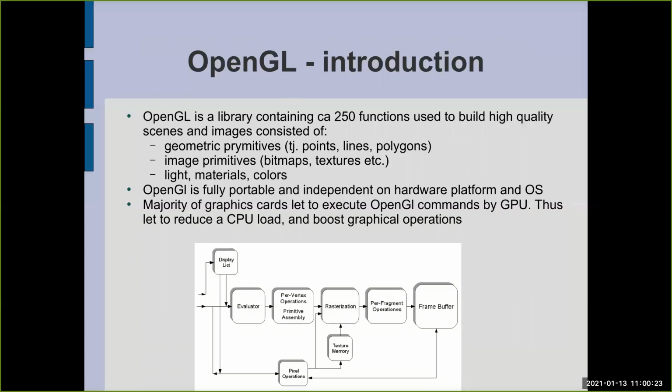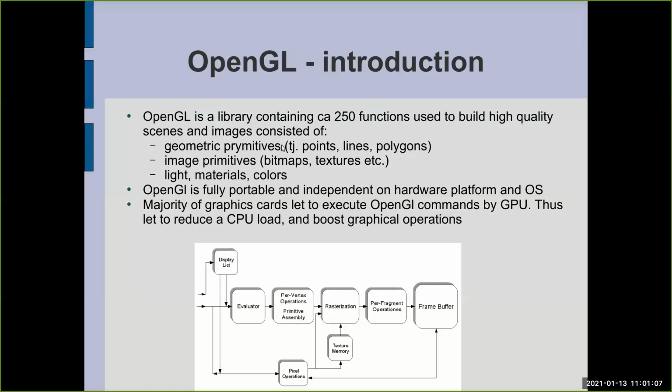So OpenGL is a library or a language, we can say, which lets us run or create a three-dimensional scene directly in GPU memory and use the methods which are implemented there. In case of OpenGL, it lets us create geometric primitives, so points, lines, polygons, also image primitives like textures.